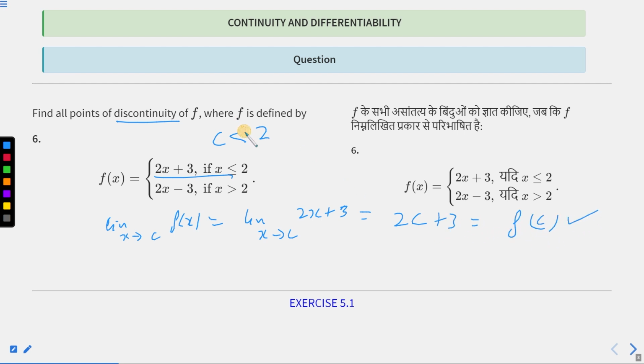This means continuous. If you talk about any real number c greater than 2, then f(x) will be this thing, and this is the same as f(c).